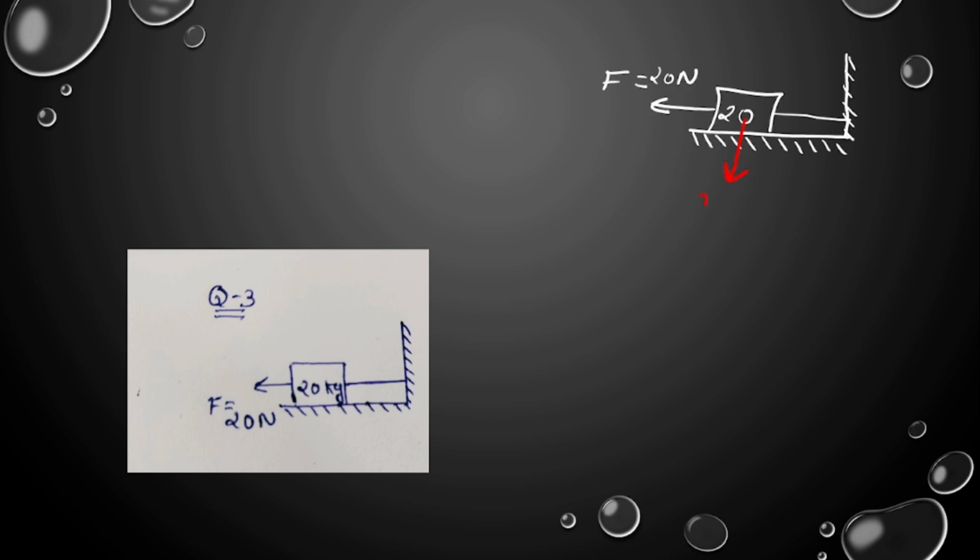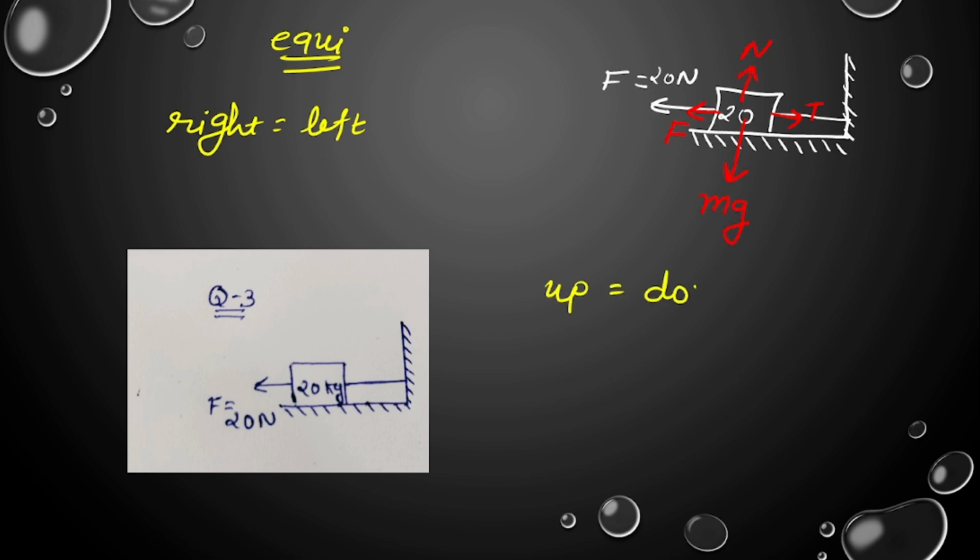First of all, mg will act vertically downward, normal will act vertically upward. This will be tension, this will be force. Now let us simplify. Again it is in equilibrium. As it is in equilibrium, right equals left and up equals down.